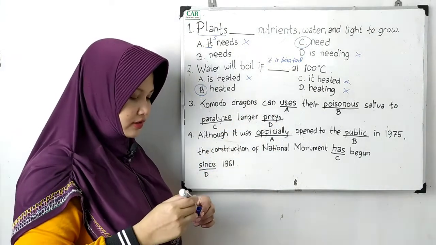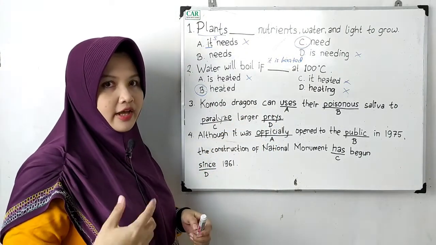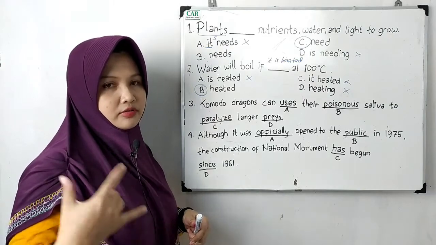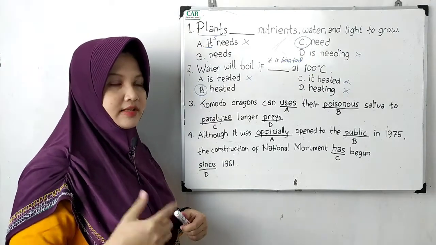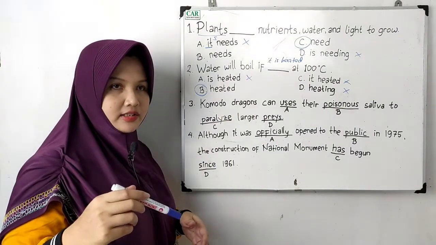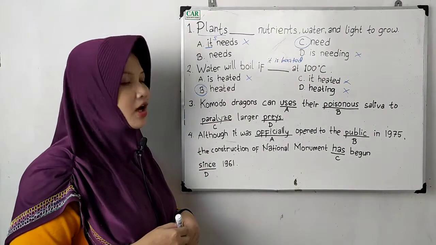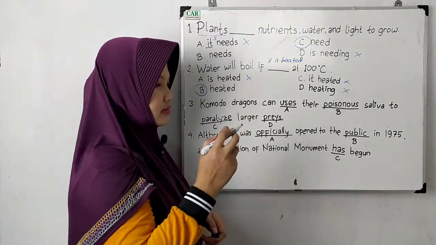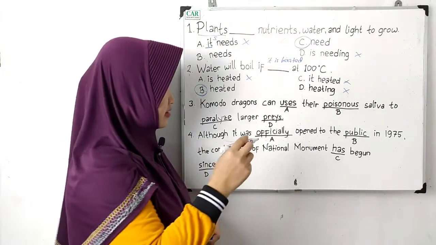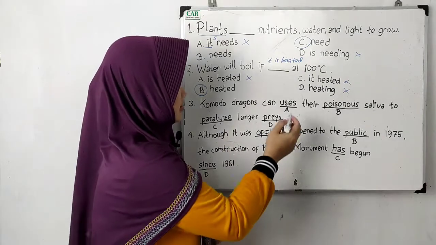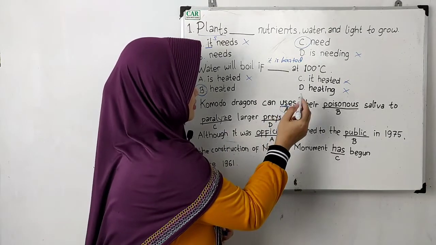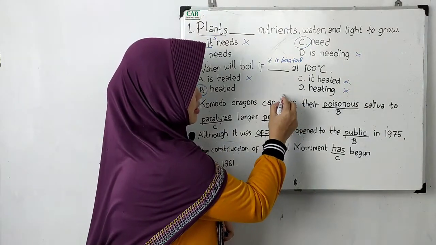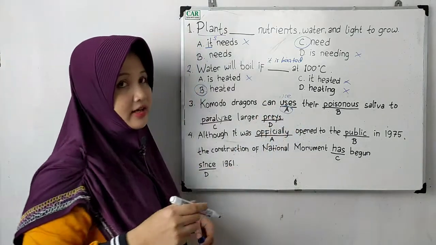You know what modal? Modals like can, could, would, have to, must, something like that. And a modal is followed by verb 1 without S. So the grammatical mistake here, the incorrect one, is A, because it must be used without S.